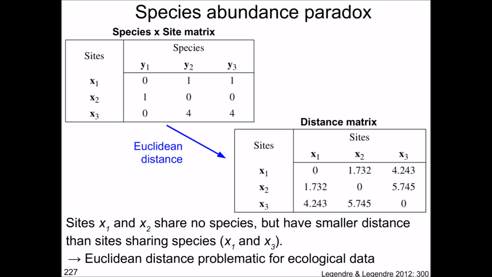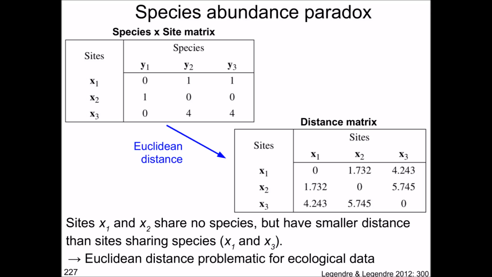However, when you now use the Euclidean distance for calculation, you have here the distance matrix between sites, and a smaller value means smaller distance, so sites are more similar. Then you see that site 1 and site 2 have the smallest distance. And that's surprising in an ecological sense.